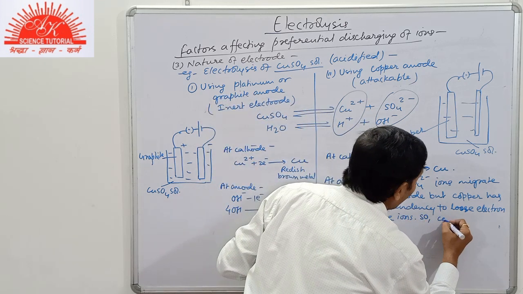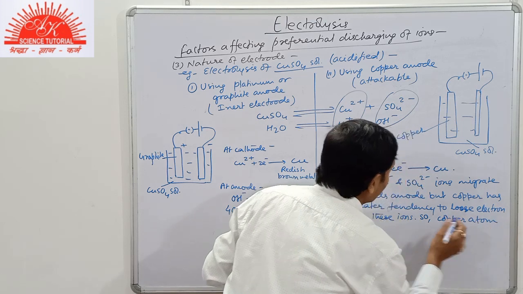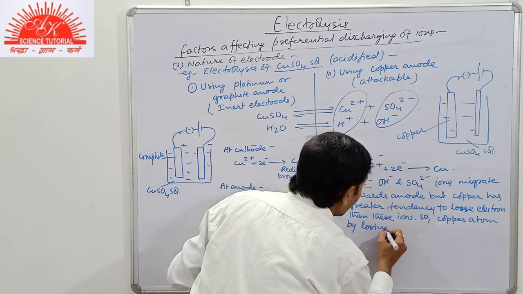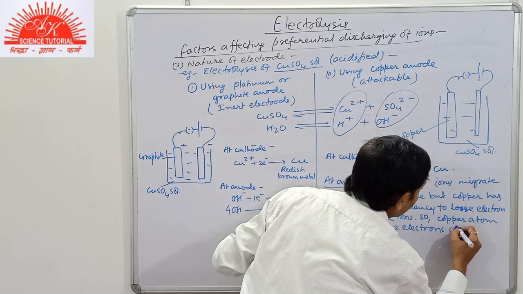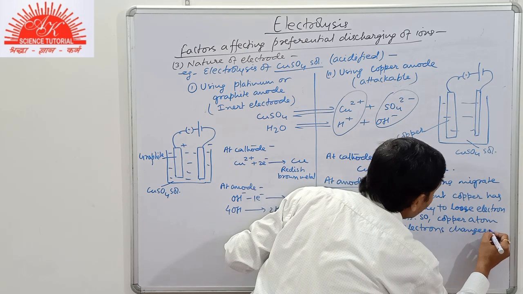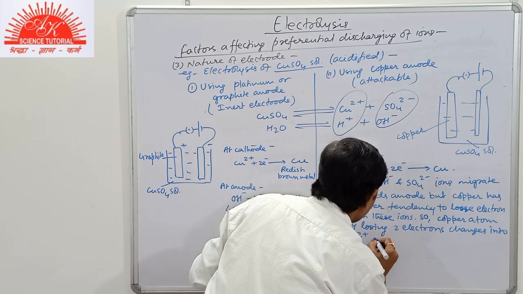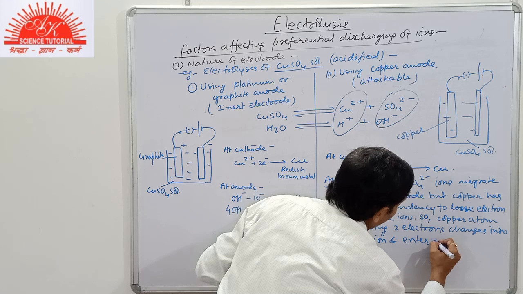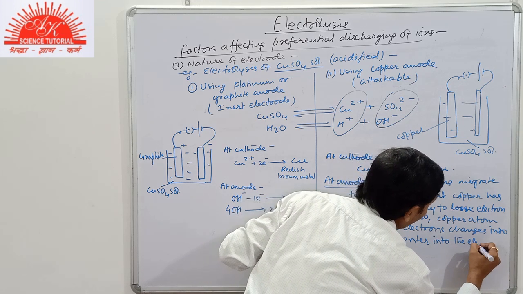So copper atom by losing 2 electrons changes into Cu2+ ion and enters into the electrolyte.